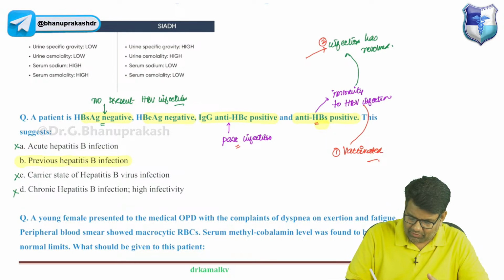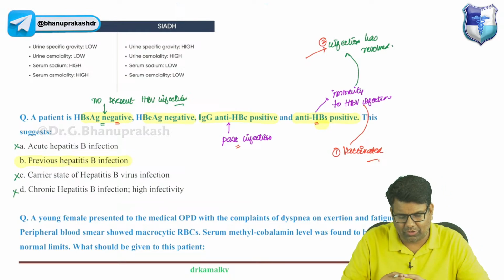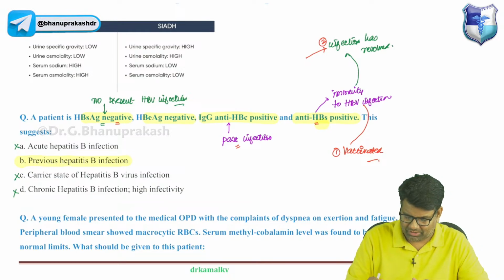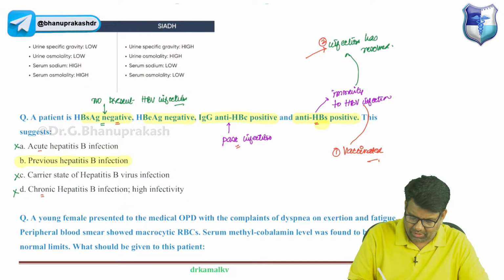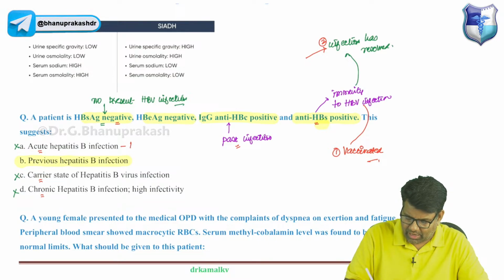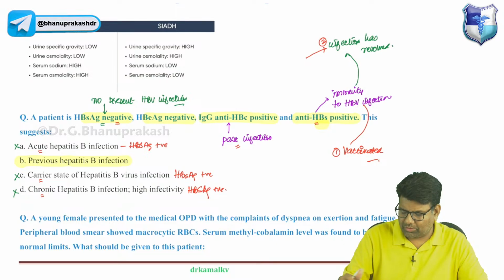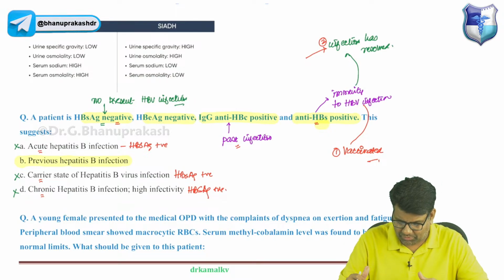And if his surface antigen is negative, it means there is no present infection. So there is no possibility of chronic, acute, or carrier state, because in all these three states HBsAg has to be positive. So this is how you can answer this particular question.